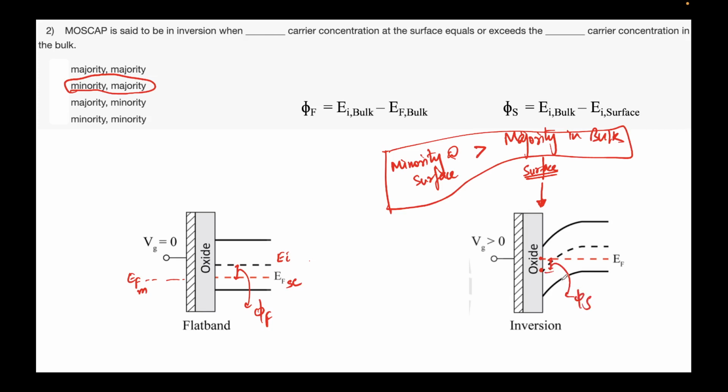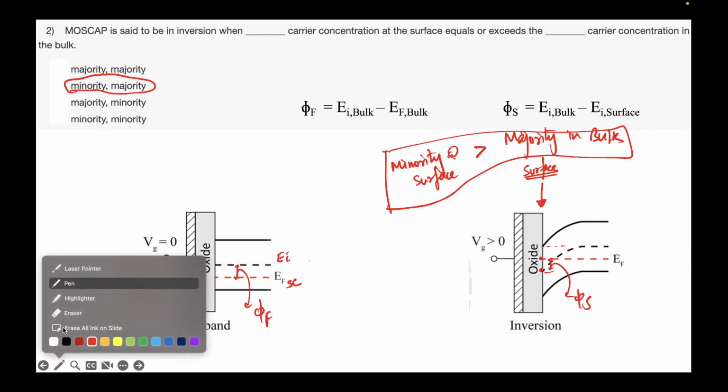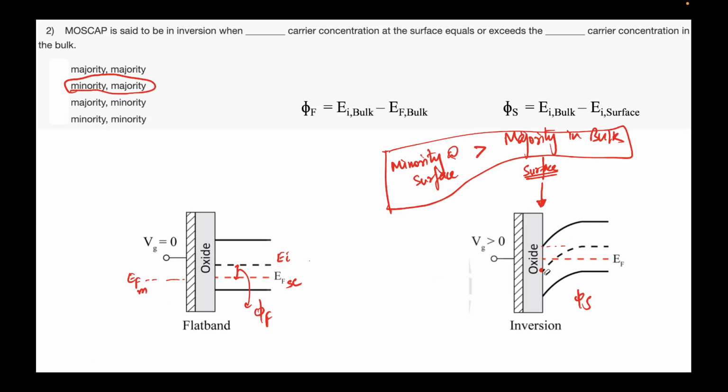Sorry, intrinsic of bulk is this. Let me redraw it. Sorry about that. So this is EI bulk, and this is EI surface. The difference between these two is phi S. Okay, this is how we're defining them.